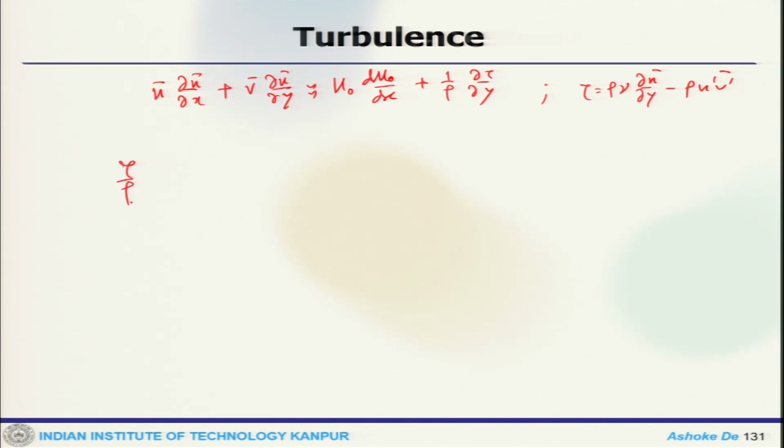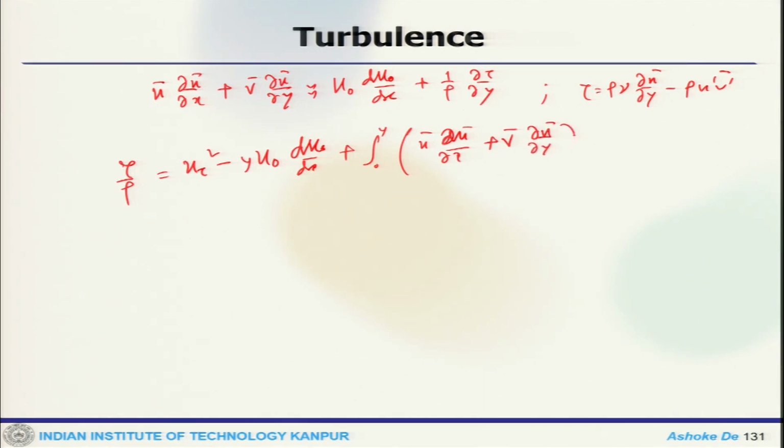We get tau by rho equals u tau square minus the integral from 0 to y, where u tau is the square root of tau 0 by rho. So, this is the friction velocity at the wall.